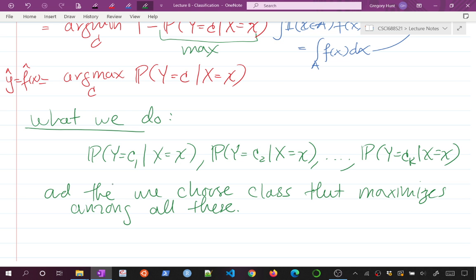I'm going to calculate all the probabilities. If I saw little x, what's the probability it came from class 1? If I saw little x, what's the probability y was in class 2? If I saw little x, what's the probability y is in class 3, etc. And then I'm just going to choose the class with the highest probability.